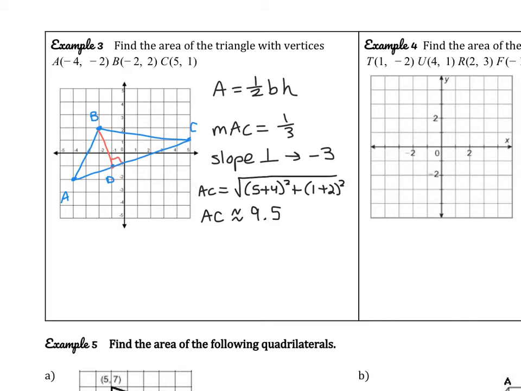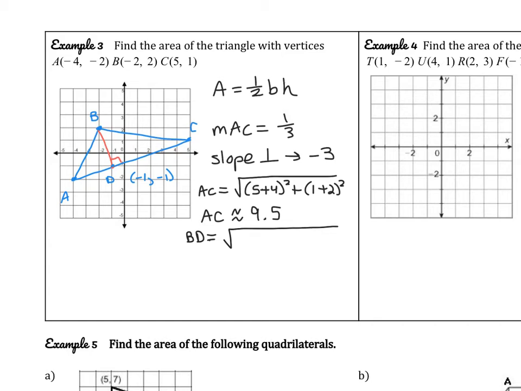Now we need to find the length of BD. We know that D, the coordinate of D right here, is -1, -1. Again, we could do the distance formula or Pythagorean theorem, either way. So I'll do distance formula.